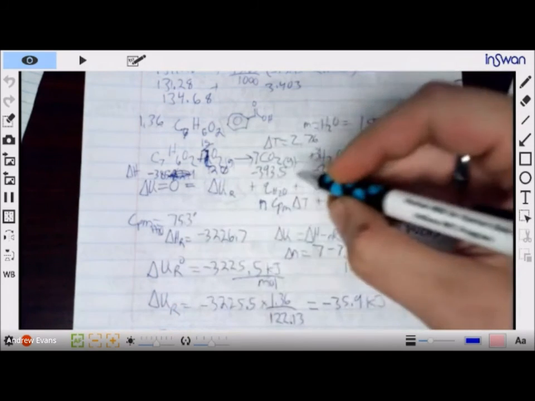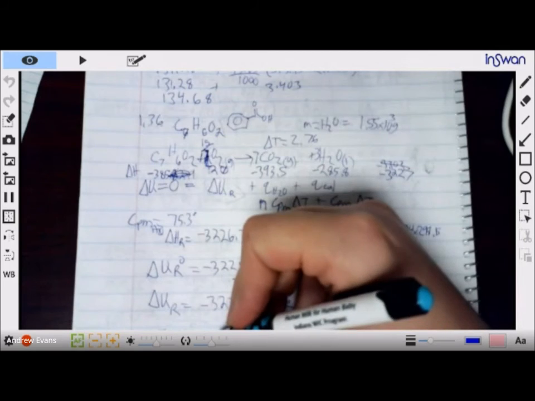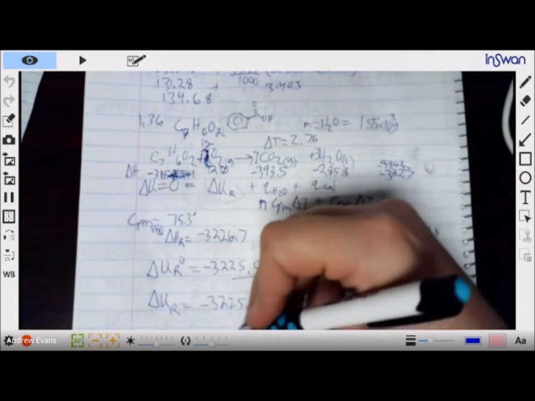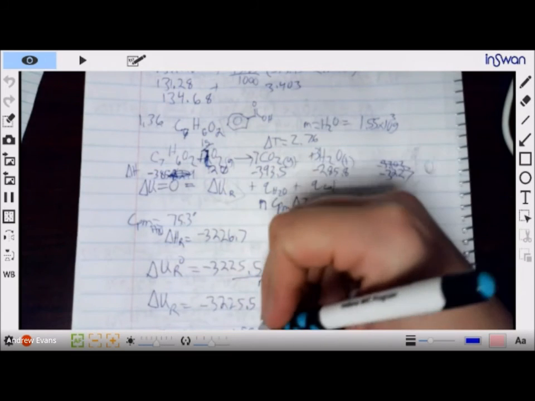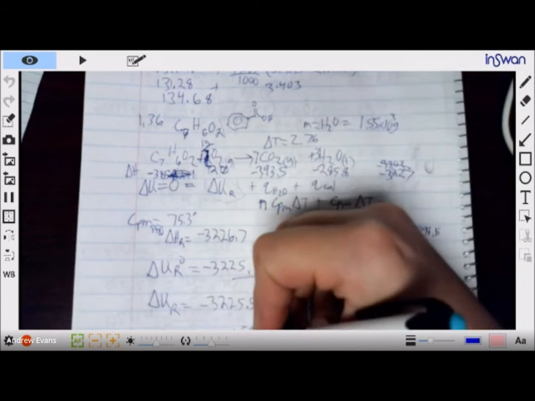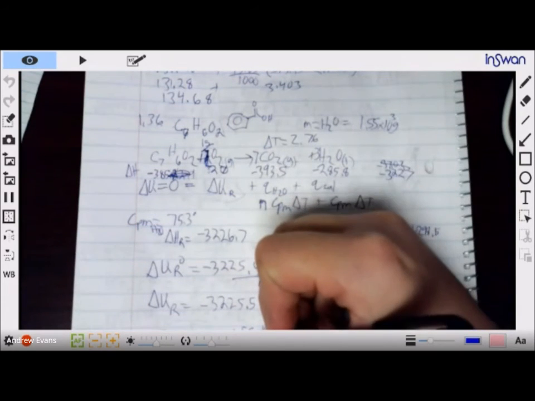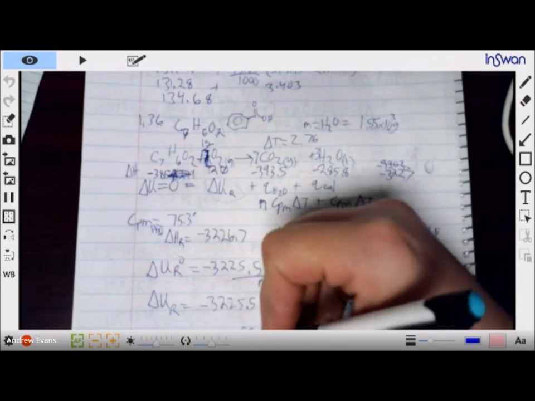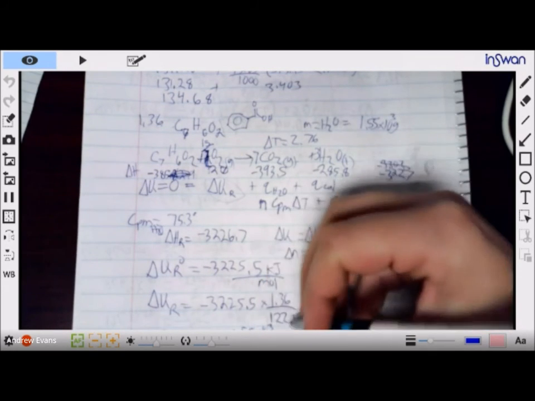So let's figure out the heat of water. We need our mass of water: 5 times 10 to the third grams divided by the molar mass of water, which is about 18. Might as well take 18.015.